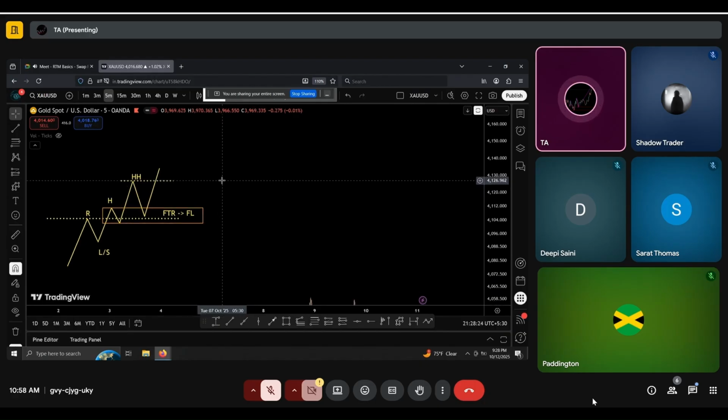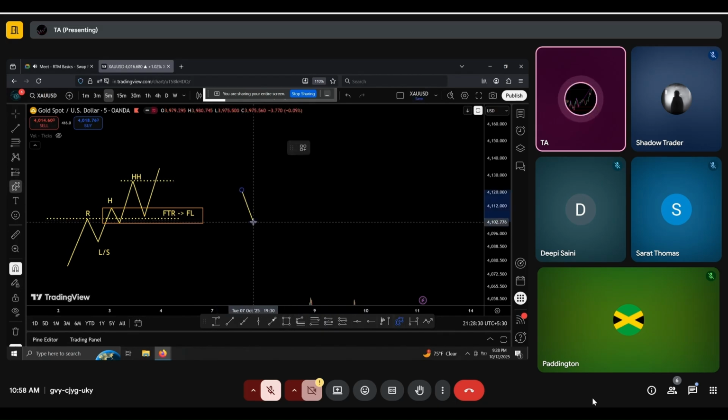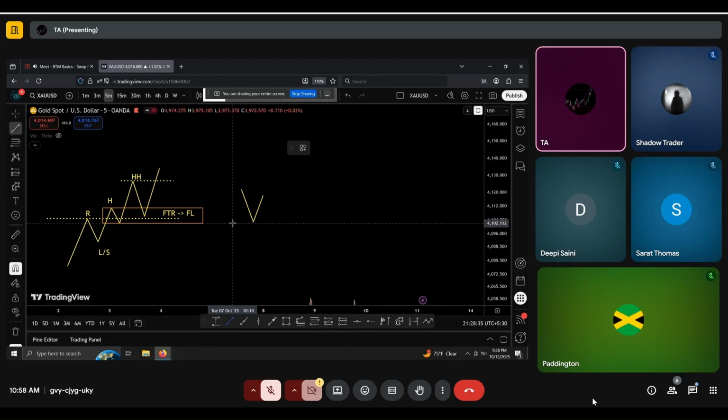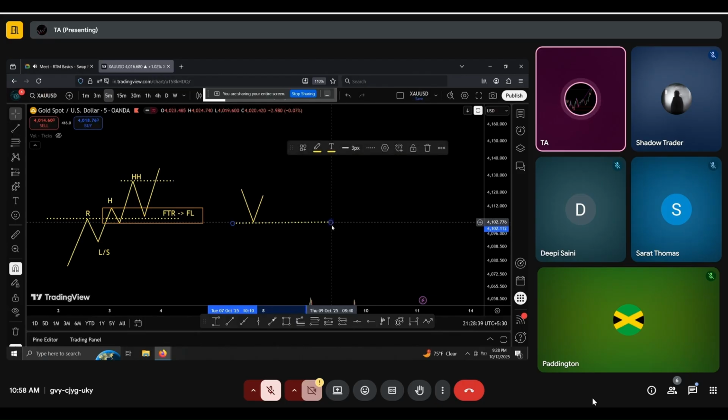If we talk about the downside, then price comes down, goes up, and this is where the support is created. This is a support.